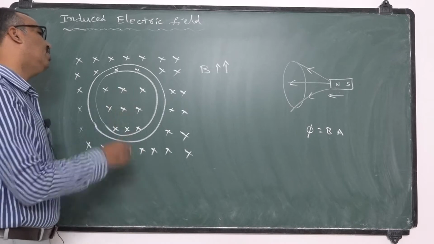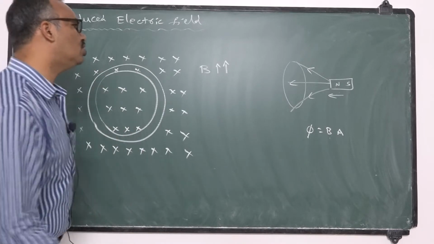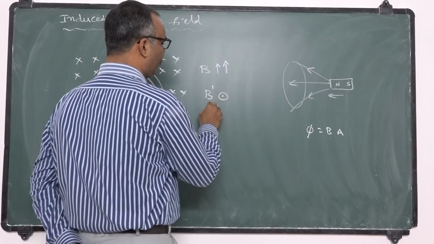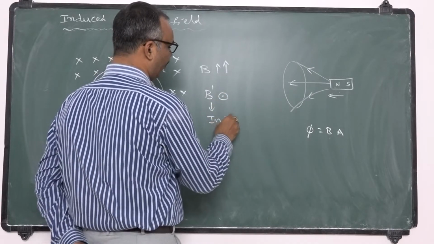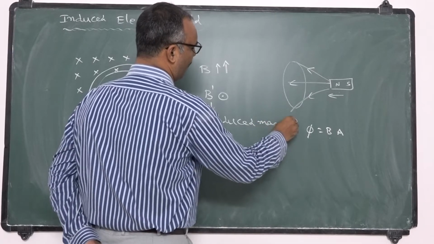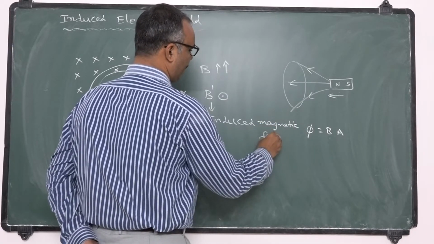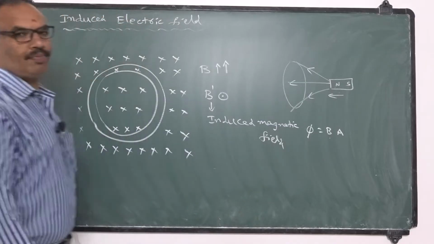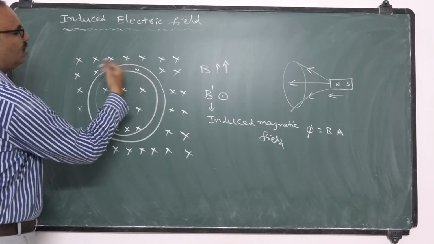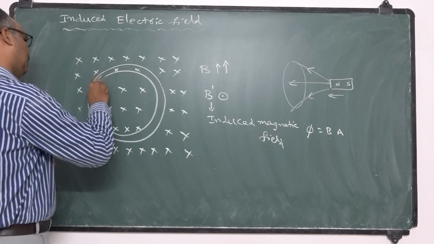Actually, this magnetic field is into the paper. The induced magnetic field B dash is out of the paper. This is the induced magnetic field. In order to have an induced magnetic field out of the paper, the current should move like this.